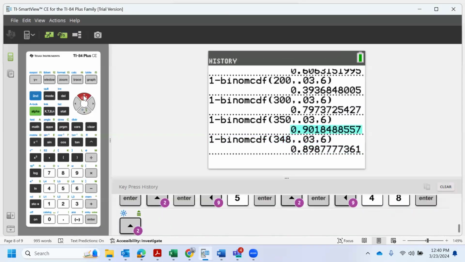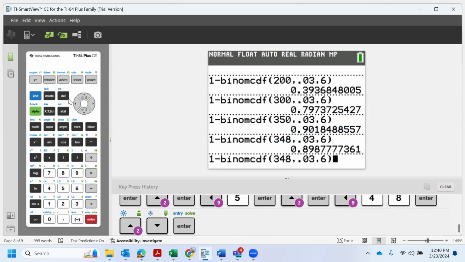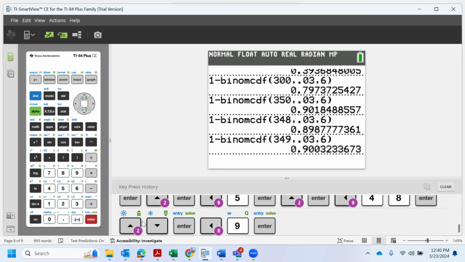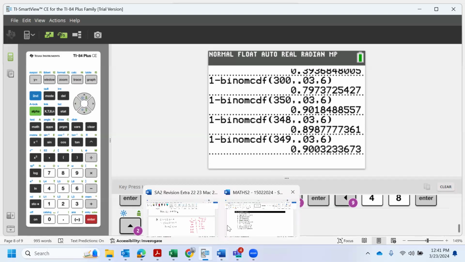You go in and change the 8 to 9. Okay, and so you got the first time, because this is moving from 348 to 349. So it's the first time going above 0.9. Okay, so 349 should be your answer.